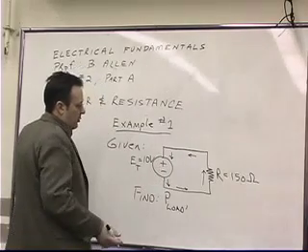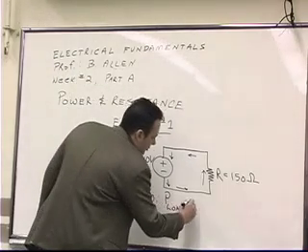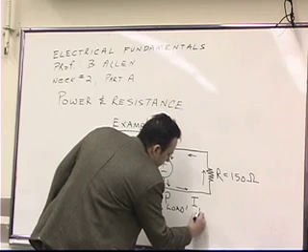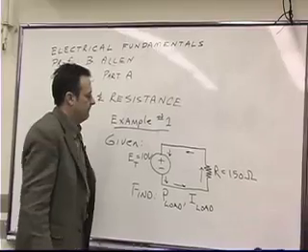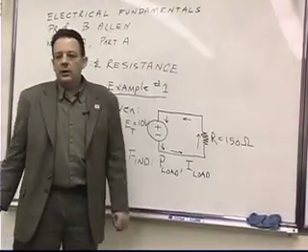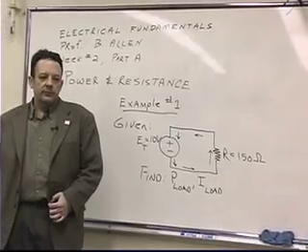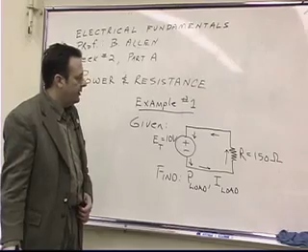The other thing that I wanted to find in this circuit right here is how much current is actually flowing to the load. Okay? And again, we can use Ohm's law to figure these quantities out.